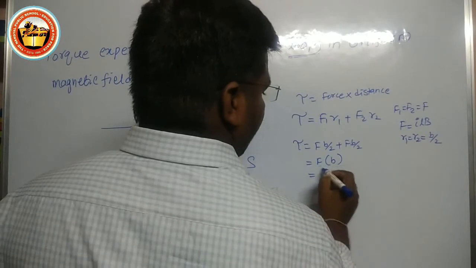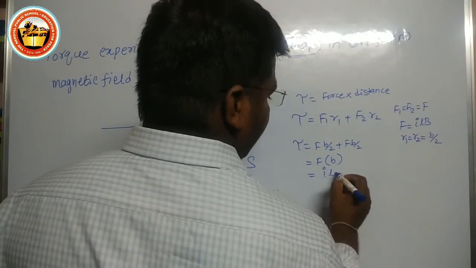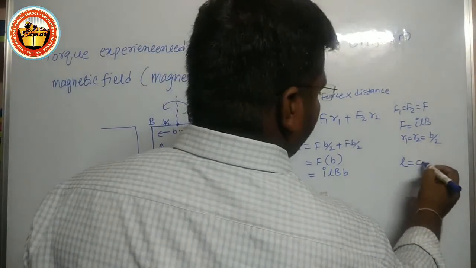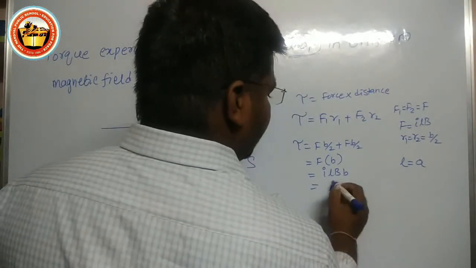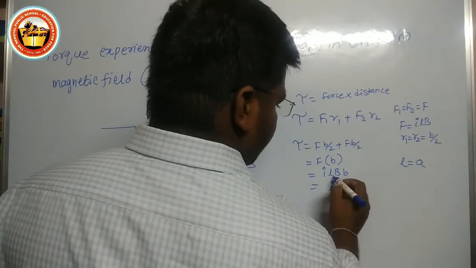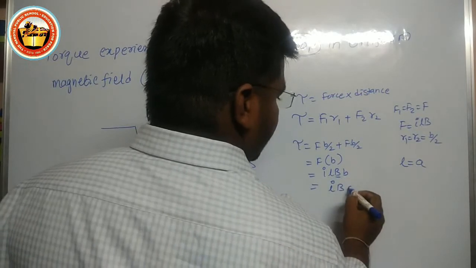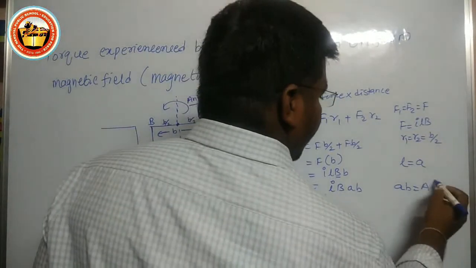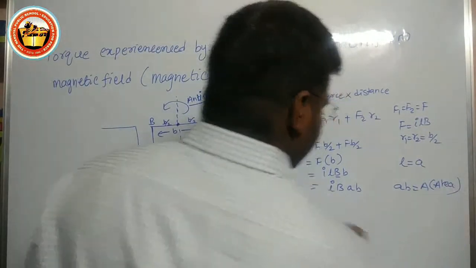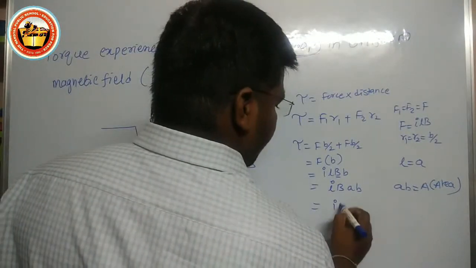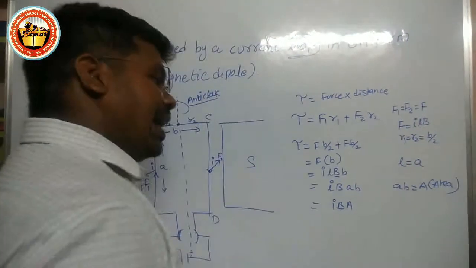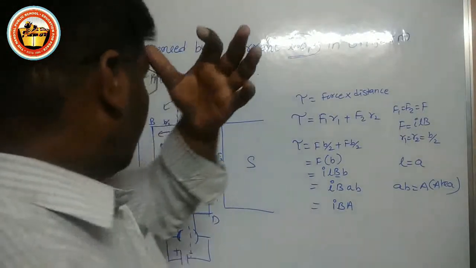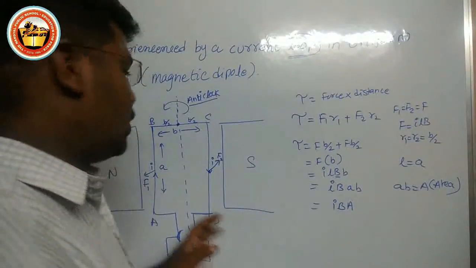What is force? ILB, into b. Here length is equal to a, so I into b into a into b. Ab is equal to area A. Here we take only a single loop, one turn.